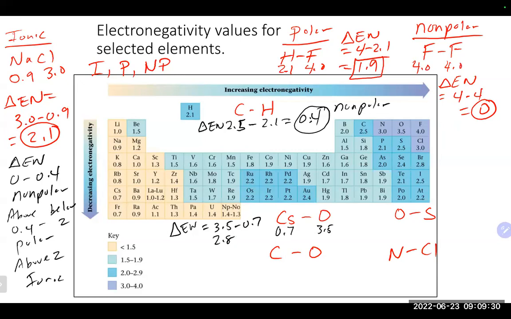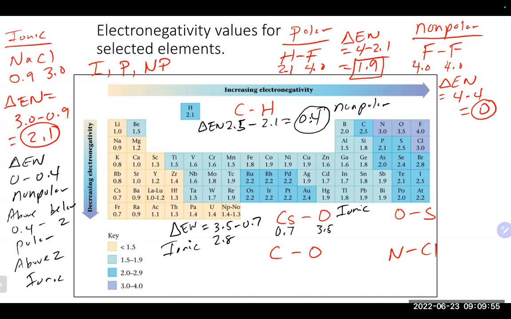Let me grab my calculator and make sure. There we go, 2.8. That is definitely above 2, and that makes this obviously ionic. By the way, this is one of those where you really don't need the numbers. We see a metal and a non-metal together, so it definitely should be ionic in this case.